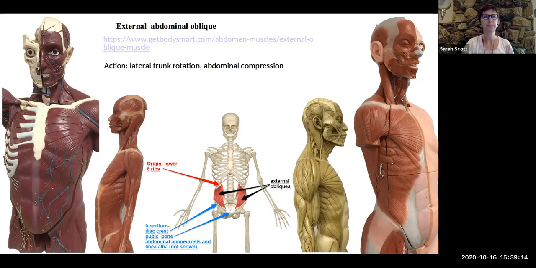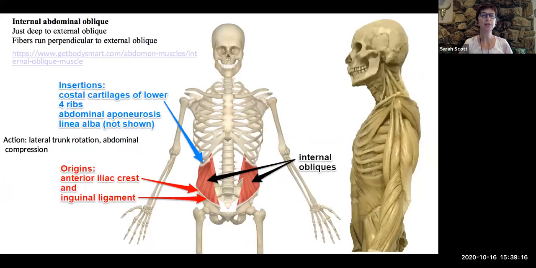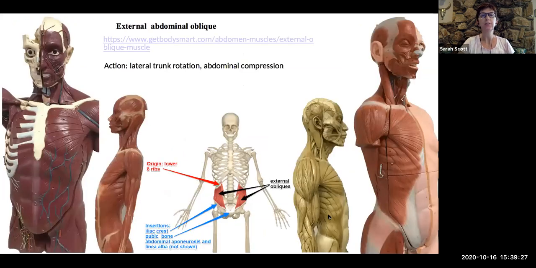All right. And then the internal abdominal oblique, and notice the change in the direction of the fibers on the internal versus, if we back up a page, the external. So the external abdominal oblique, see how it's going from lateral to medial, okay?